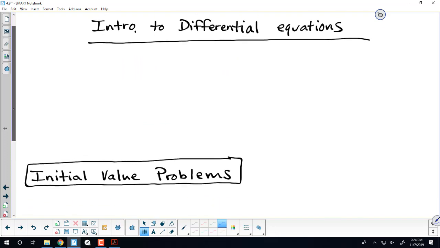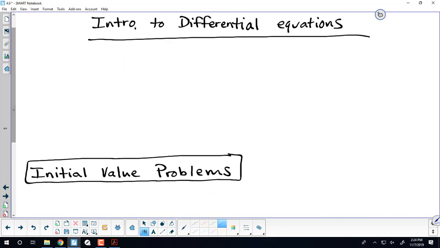Right. So the other thing we can do with antiderivatives at the moment is talk about differential equations. What does the word differential mean? What do you think about when you hear that word? Derivative, yeah.